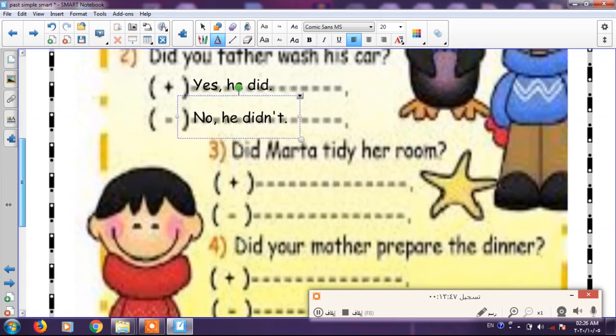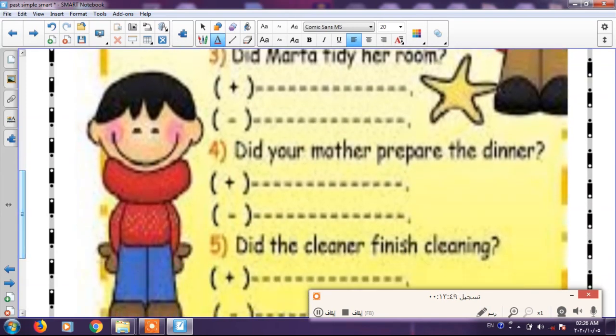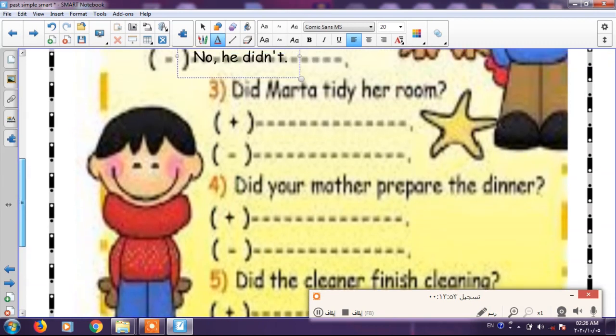Also for number 3, did Martha tidy her room? If it's yes, of course, Martha is a girl, so I will use instead the pronoun she. So I will write yes, she did.